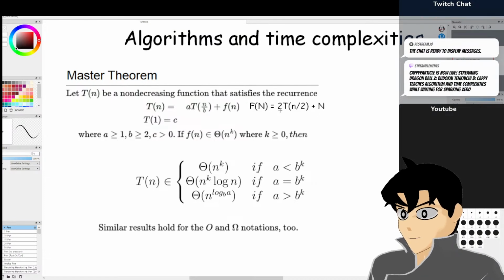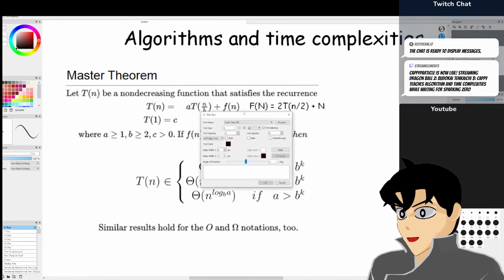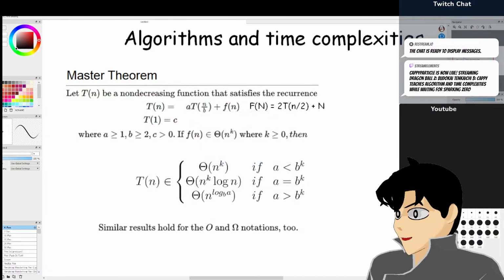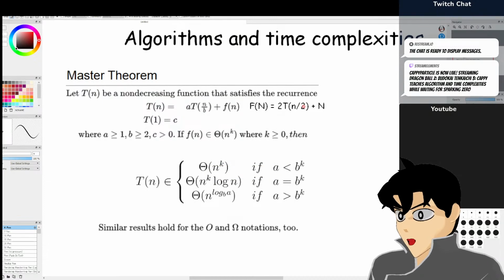So in this example, 2T, the 2 is a. b is right here, so b would also be 2.